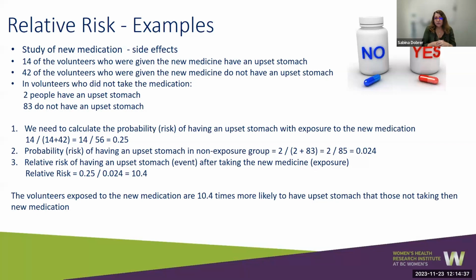I will give an additional example of calculating relative risk. Assuming we have a study of a new medication and we would like to measure specific side effects. We give some random medication to our group of volunteers who wanted to participate in our clinical study. 14 volunteers who were given the new medication had an upset stomach afterwards, and 42 didn't.